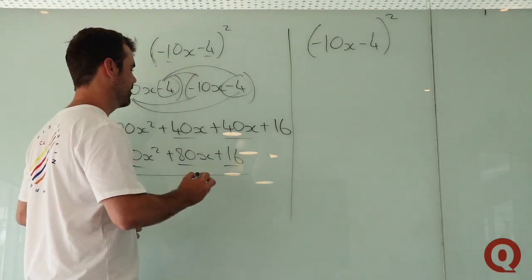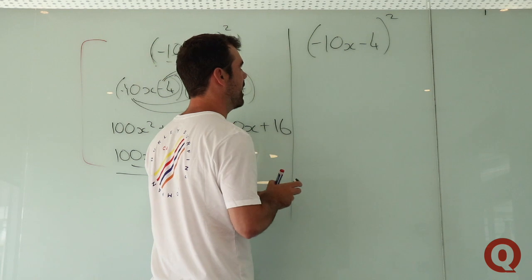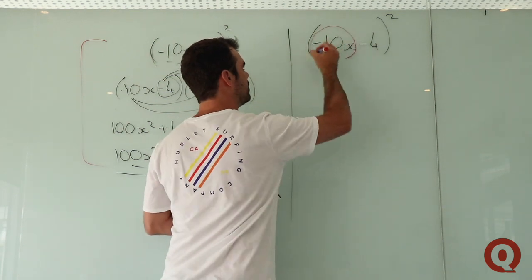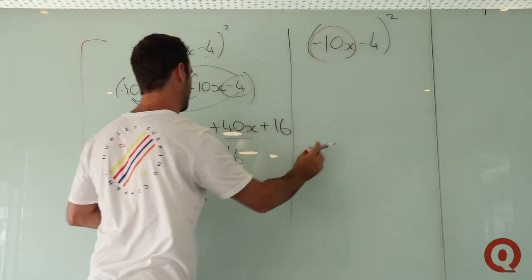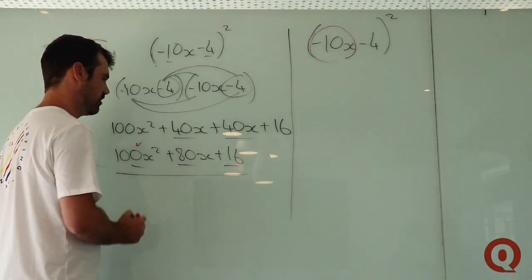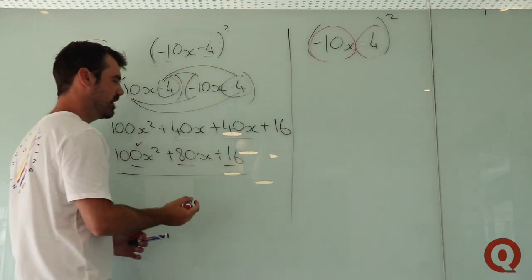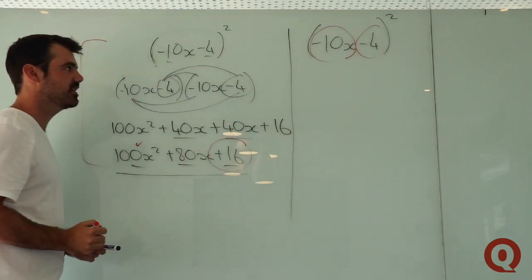We notice that in our final answer, we are in fact squaring the first, because negative 10x squared does give me 100x squared, which is over here. And the negative 4 squared, which means negative 4 times negative 4, does produce a positive 16.